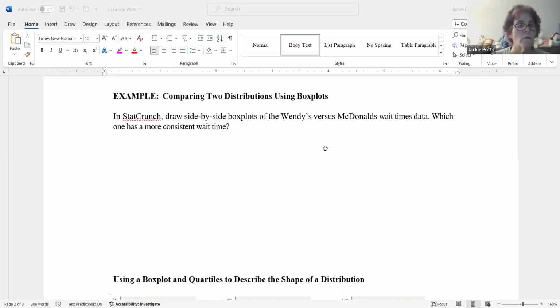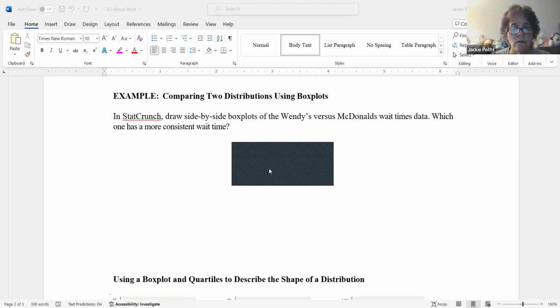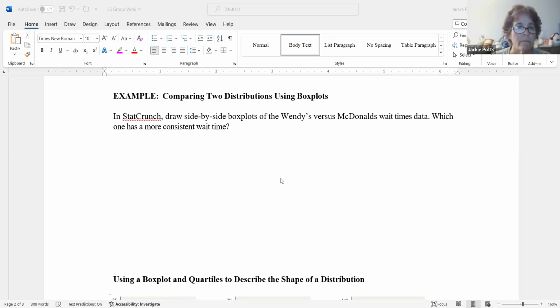There we go. For some reason, it was saying I had selected something else. Boom. There is the data.